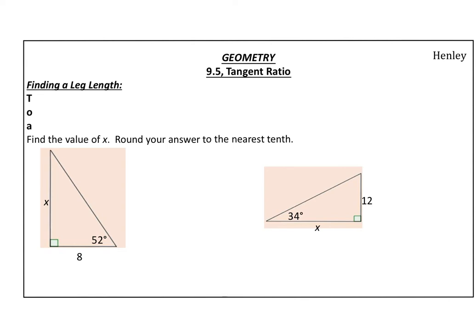In this short video, we're actually going to practice the tangent ratio. Before we do that, you need to look in the upper right-hand corner of your calculator and make sure that your calculator is in degree mode.